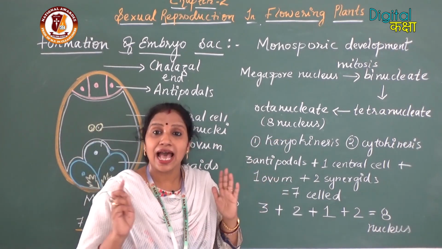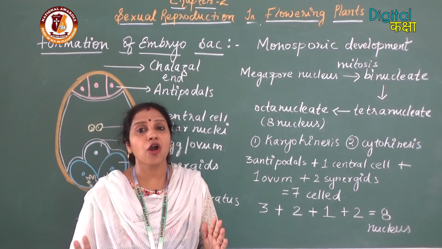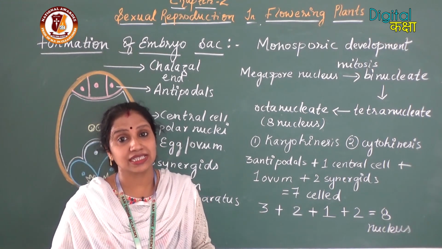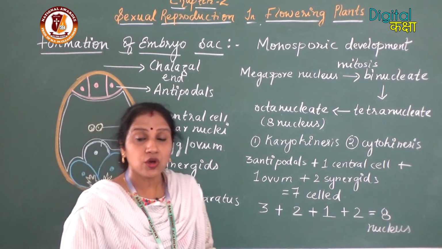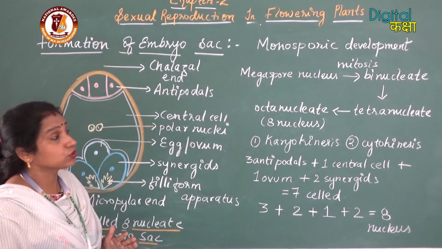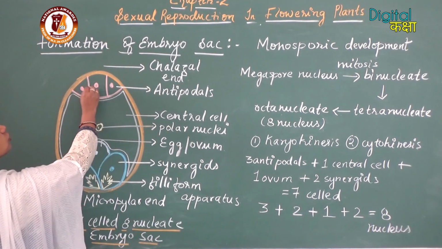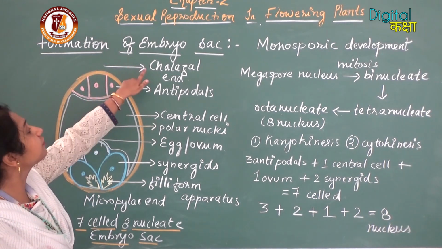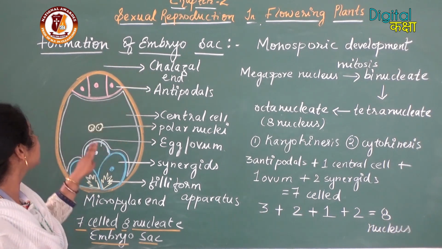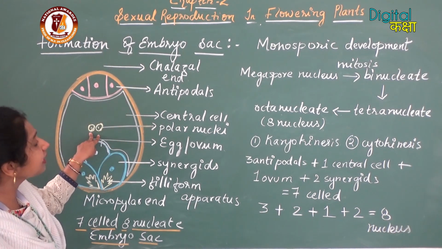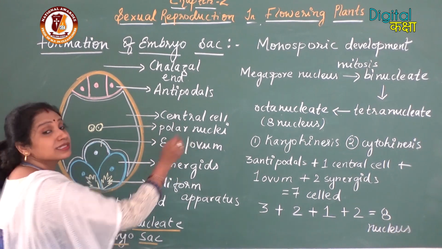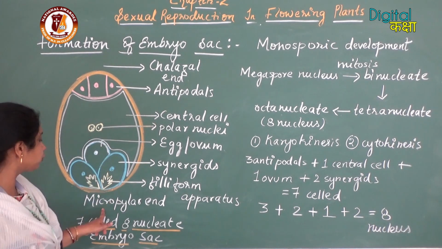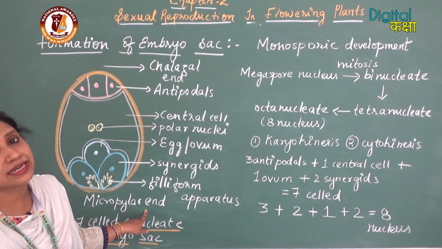The first 3 nuclei will move towards the chalazal end. 2 nuclei remain in the center, which are called the polar nuclei, and 3 nuclei will move towards the micropylar end.